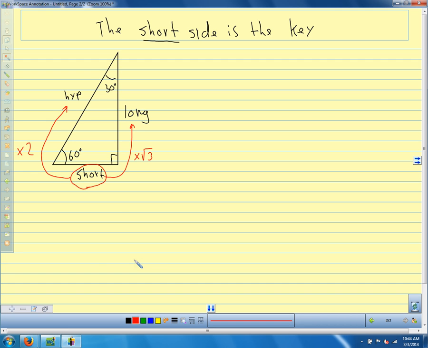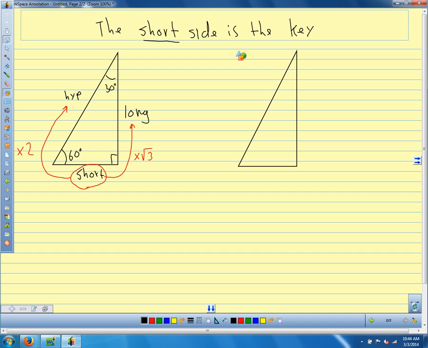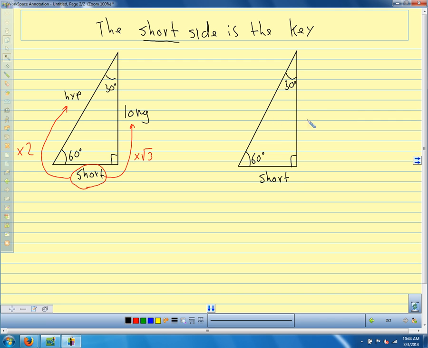And then to go the other direction, if we know the other sides, let's draw another triangle here. And again, my 30 degree angle, my 60 degree angle, and my 90 degree angle. Short side across from the 30 degree, long side across from the 60 degree, hypotenuse across from the right angle.